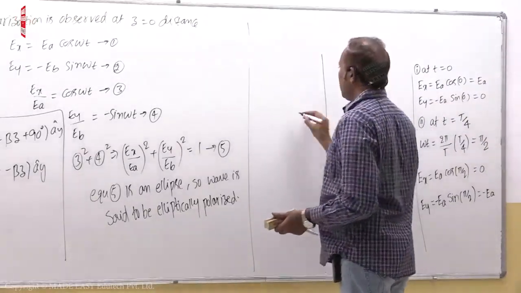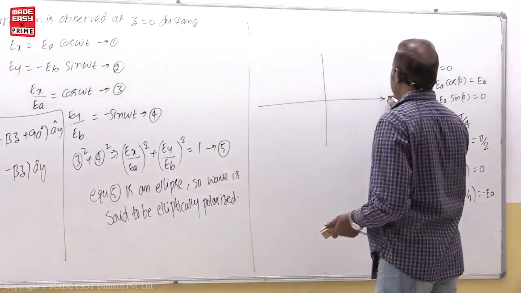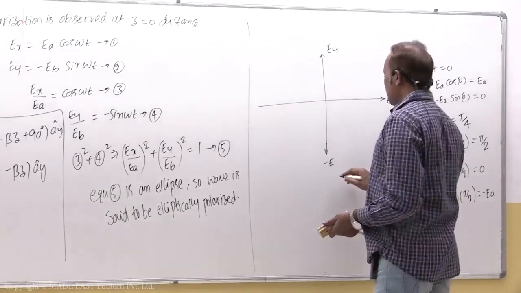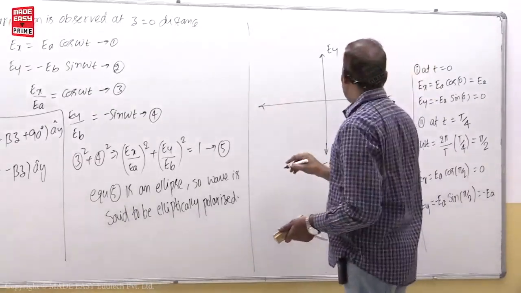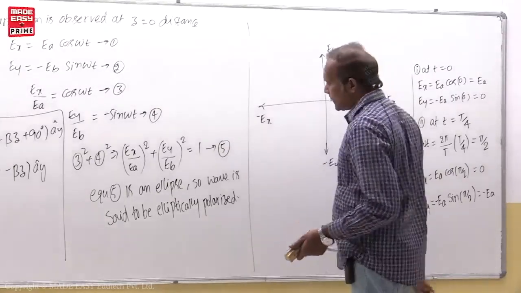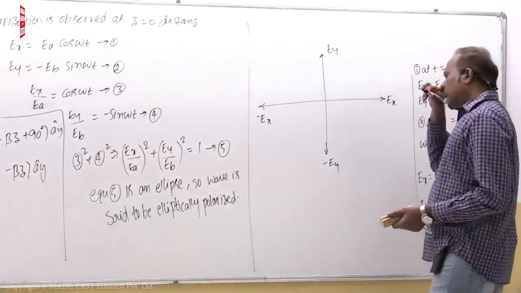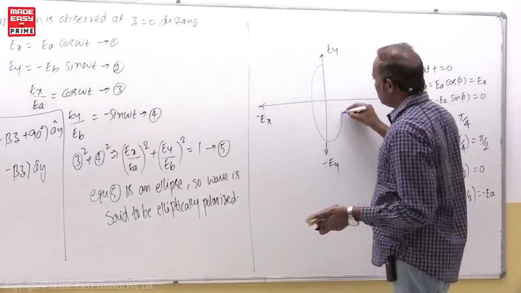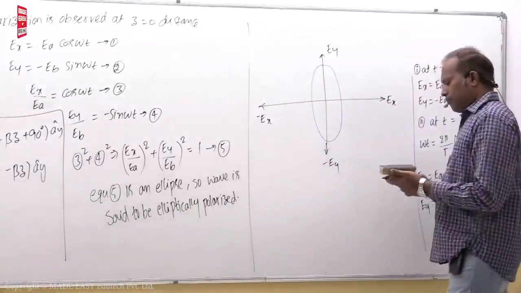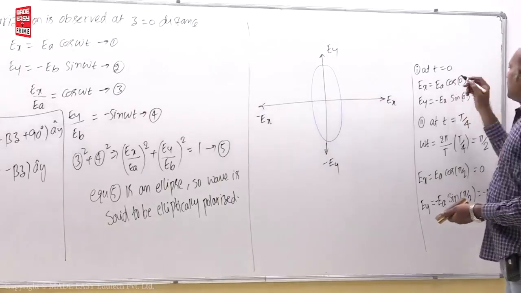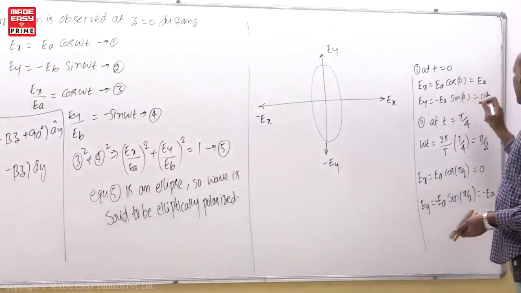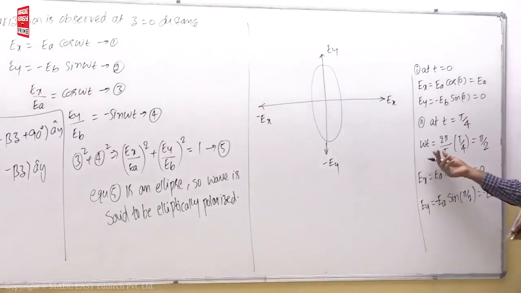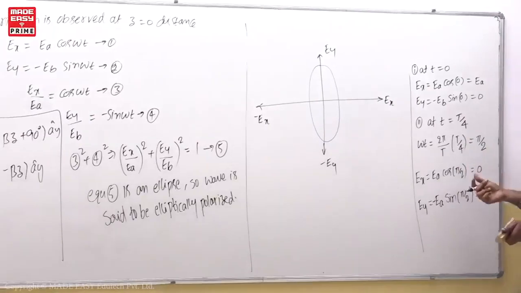Now once again you take a diagram like this. You take this as the x-axis, this as the y-axis, this as the minus y-axis, and this one as the minus x-axis. Now you draw the ellipse like this. At time t equal to 0, Ex is EA cos 0, you get EA. Ey is minus EB sin 0, this is 0. At time t equal to T by 4, omega t becomes 2 pi by T into T by 4, pi by 2.